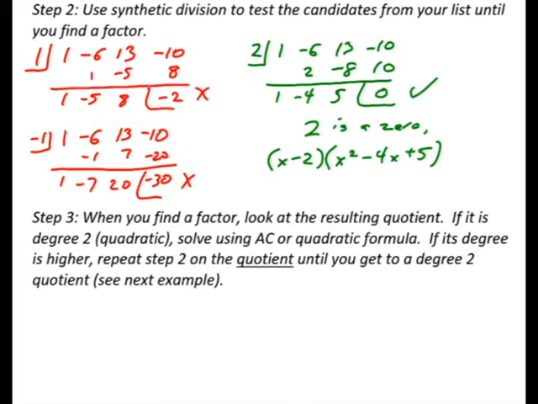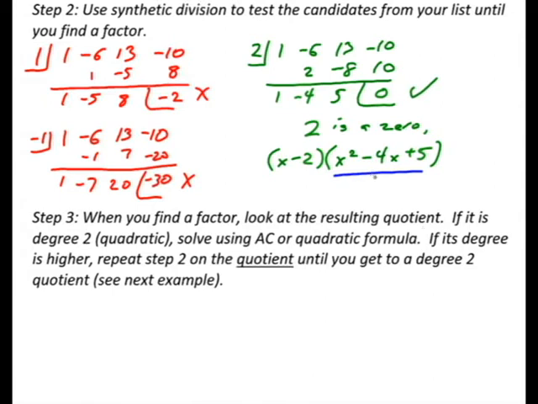Look at step 3 again now that we have some context. We look at the resulting quotient. If it's degree 2, which it is, we'll solve that using the AC method or the quadratic formula. If not, then we'll have to repeat the process. We'll see that in the next example.